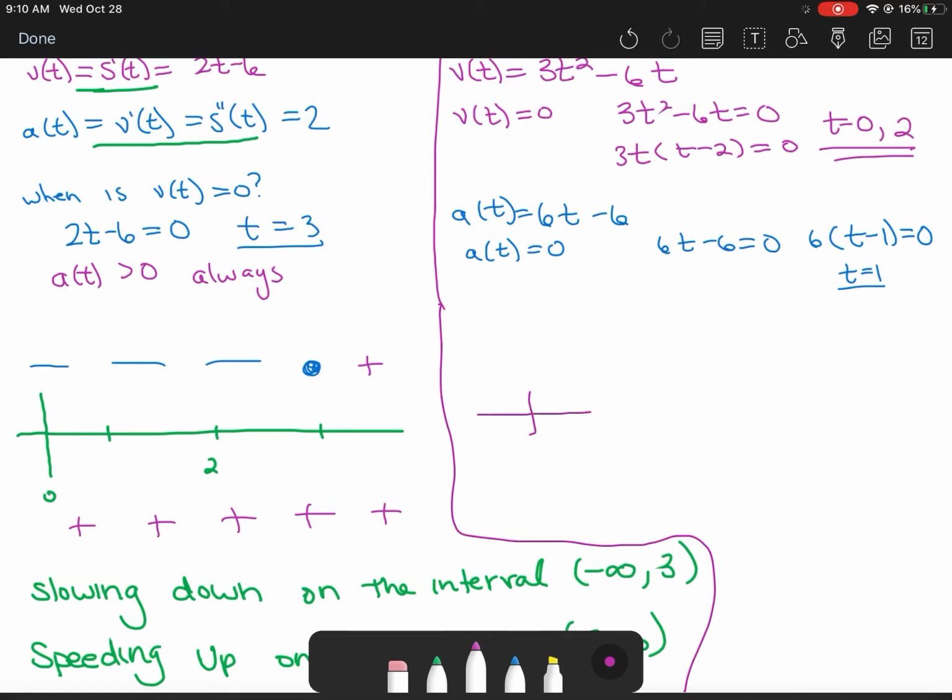Okay, so I'm going to go ahead and do my sign chart. So we'll start with velocity. So velocity is going to be at 0 and 2.